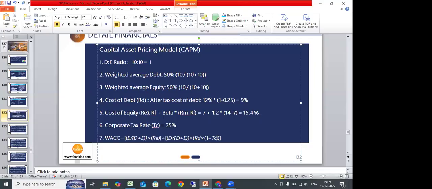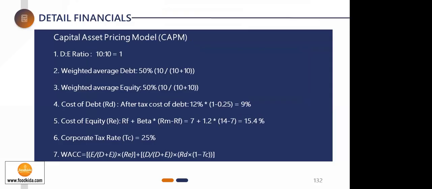Why do we deduct the 1 minus tax rate? Because usually what happens is, while paying the tax, you will get the deduction on the debt, since you pay the interest. This cost of capital of the debt will be reduced to the extent of the tax amount.